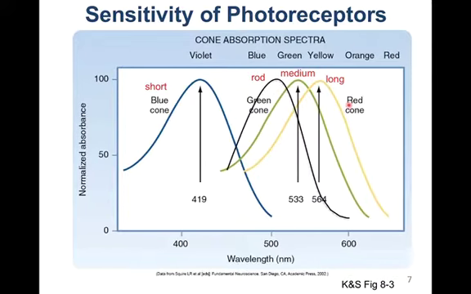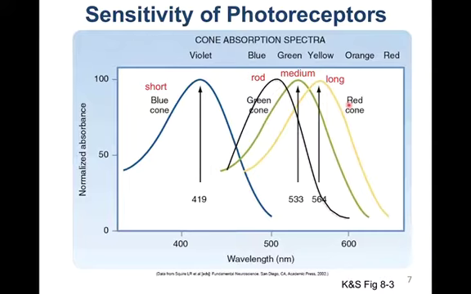Rods can't differentiate between different wavelengths of light because they all express the same opsin, which is rhodopsin, maximally sensitive at 500 nanometers. So rods are how much light, but they don't give you information on the wavelength of light. Cones will express one of 3 different types of cone opsins.